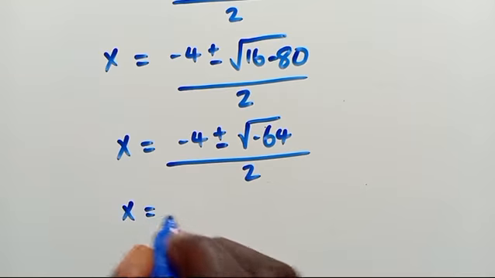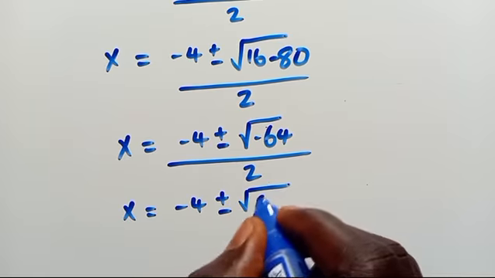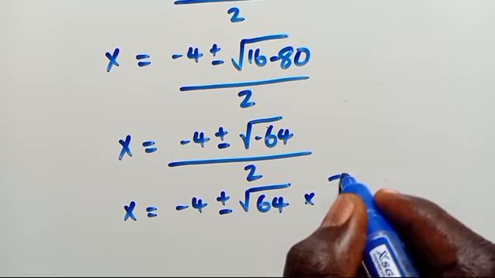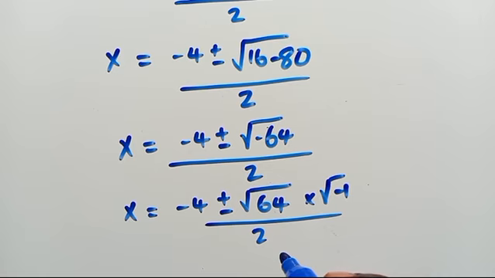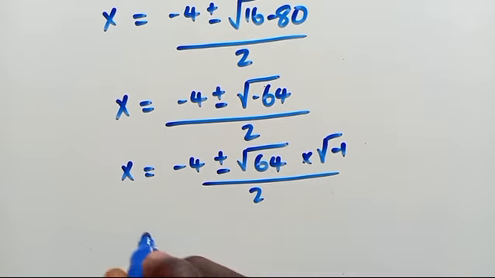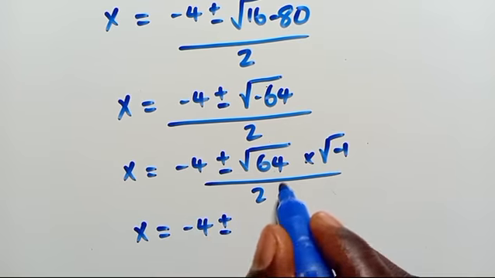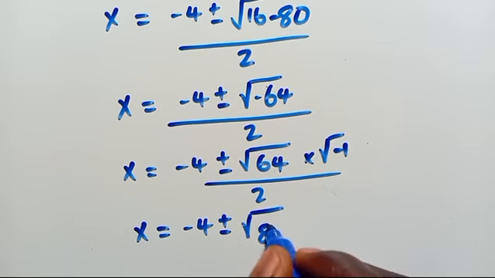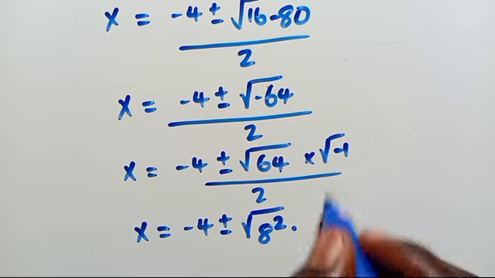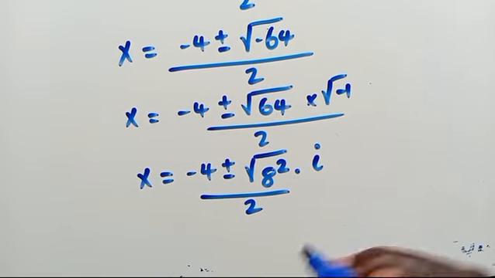So x equals minus 4, positive or negative, root of 64 times root of minus 1, over 2. 64 is a perfect square. We have it as 8 to the power of 2 times root of minus 1, which is i, over 2.